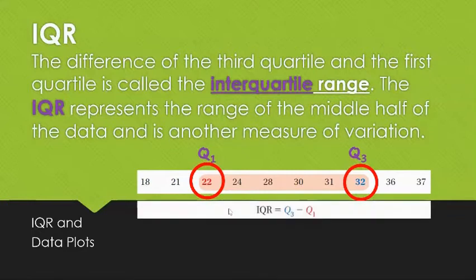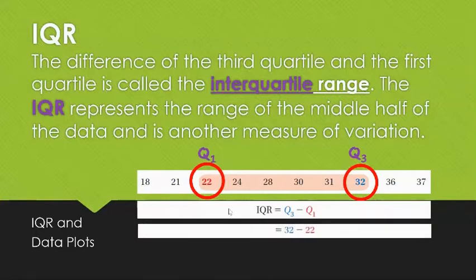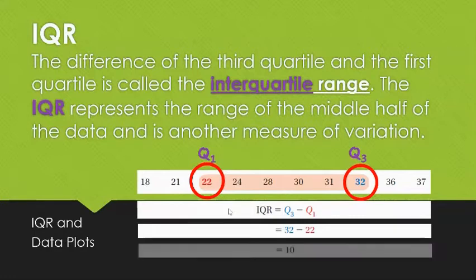If we use the IQR formula, Q3 minus Q1 is represented by 32 minus 22. When we substitute those values in, we get an interquartile range of 10, which tells us that the middle 50% of our data, represented between Q1 and Q3, has a range of 10 data points.